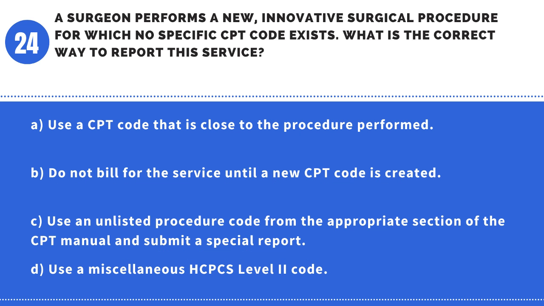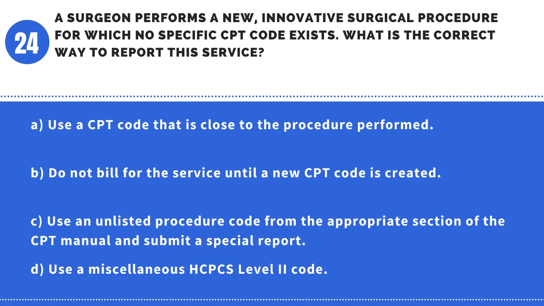Question 24. A surgeon performs a new, innovative surgical procedure for which no specific CPT code exists. What is the correct way to report this service? A. Use a CPT code that is close to the procedure performed. B. Do not bill for the service until a new CPT code is created.